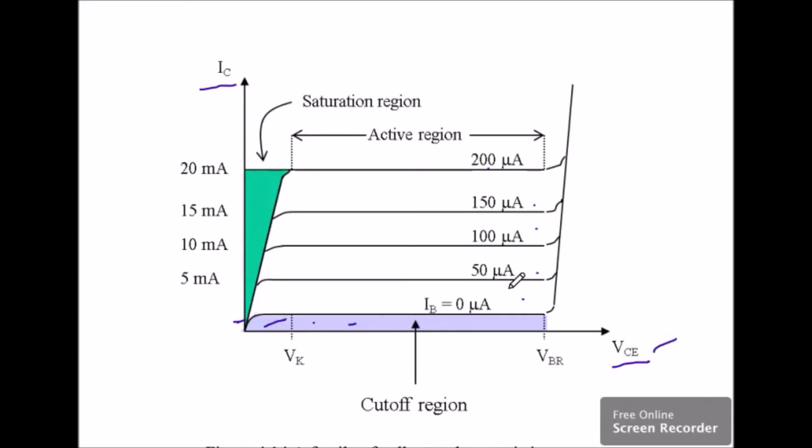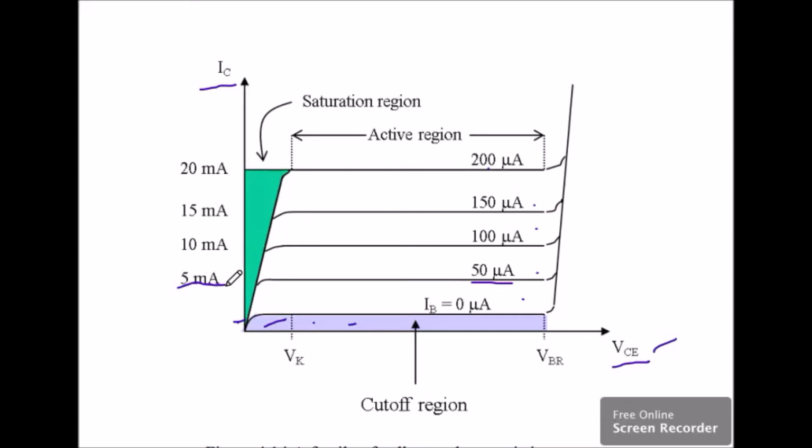Okay. Now, if we increase our IB from 0, gawin natin 50 microampere. By the way, how do we increase IB? Siguro in-increase natin yung VBB or what. Okay? Say, for example, in-increase mo yung VBB, of course, correspondingly, nag-increase din yung IB into 50 microampere. So, notice na kapag 50 microampere ka, mas greater na po yung iyong IC.